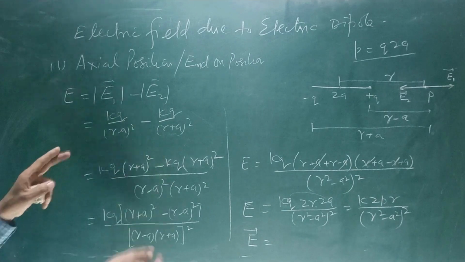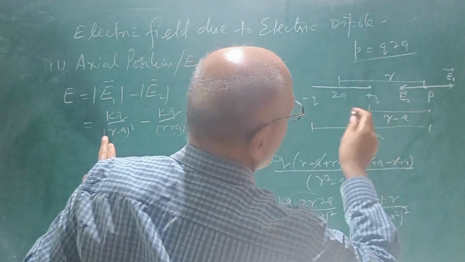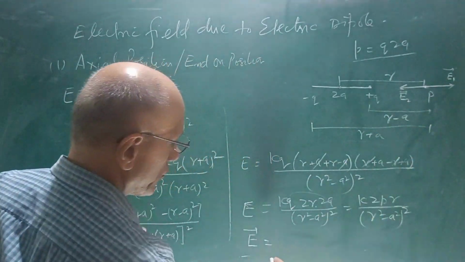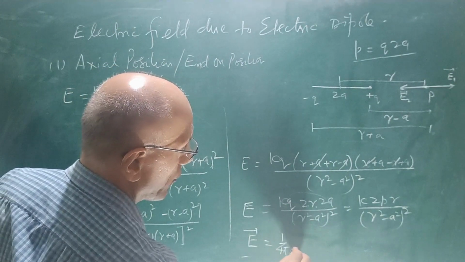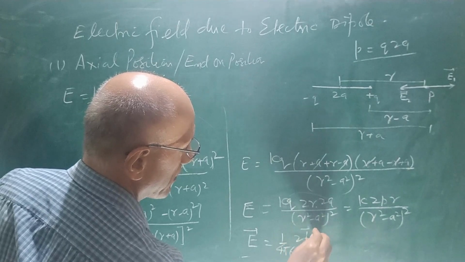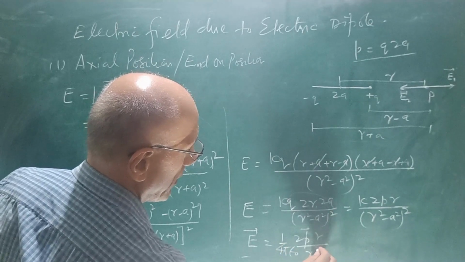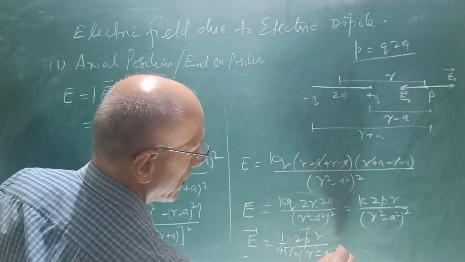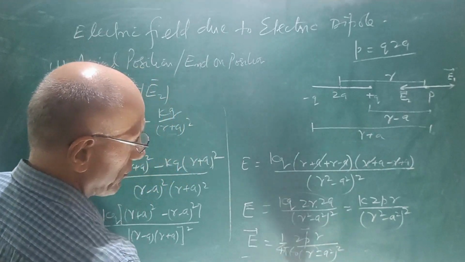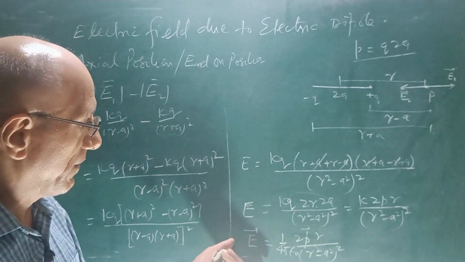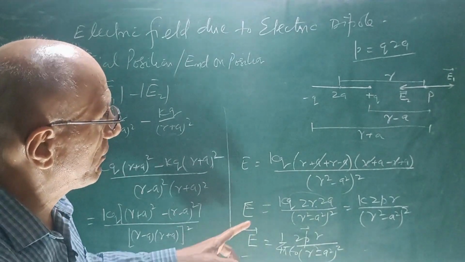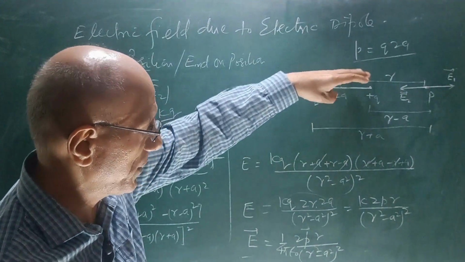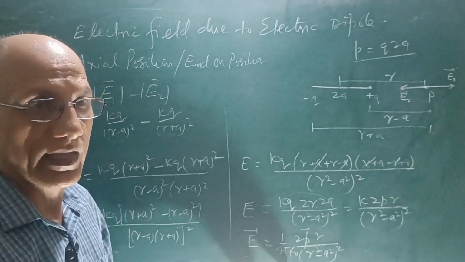So this will come along the direction of E1, that means from negative to positive charge. So we can simply write it 1 upon 4 pi epsilon naught, 2P vector R upon (R square minus A square) whole square. So this will be the net value of the electric field in the vector form, because the direction of the E will be same as that of the P.